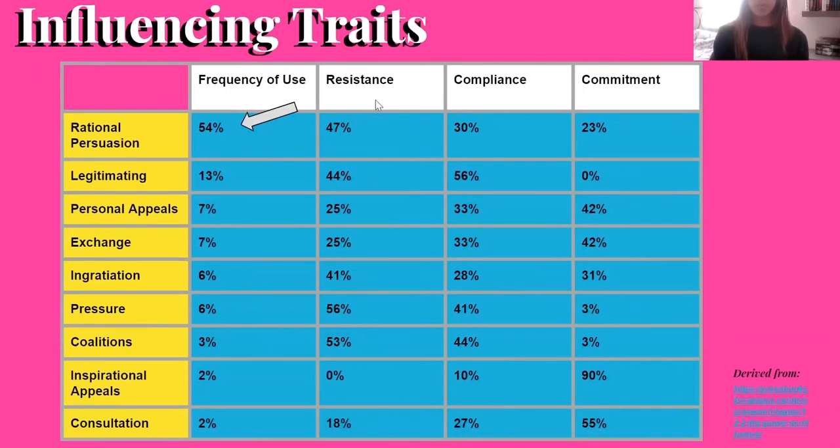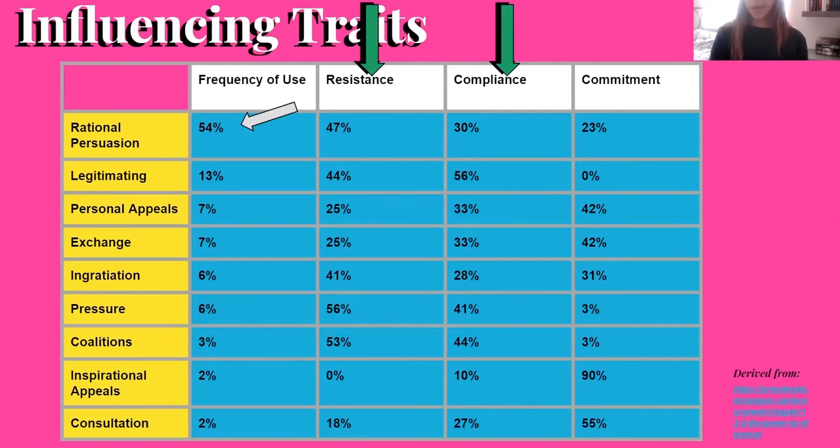So with influencing traits, there are three little reactions that follow. There's resistance, which is where you're not on board and you do not agree with what the influencer is saying. There's compliance, which means you do what has to be done, probably because of the position they hold over you, such as a hierarchy effect.